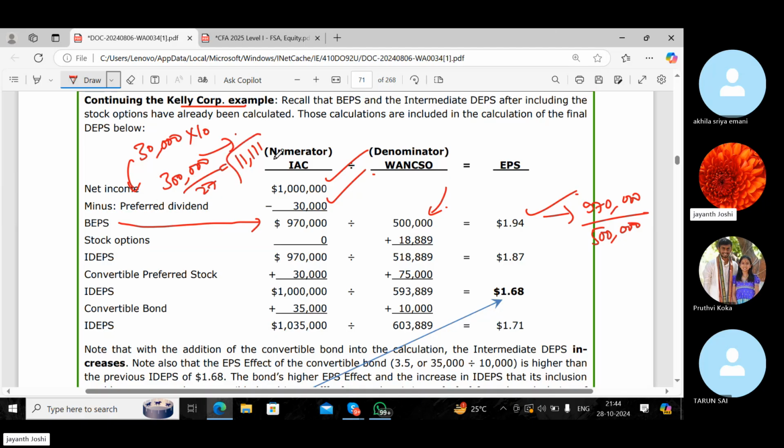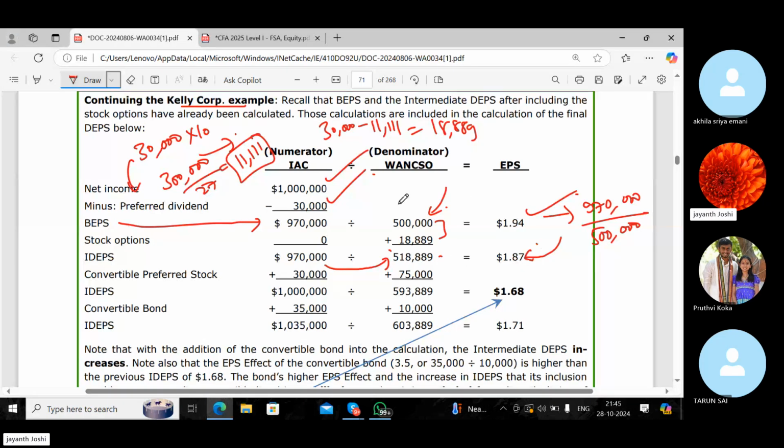Yes, and now out of 30,000 shares, if I remove 11,111 shares, 18,889 is still outstanding. So I added this outstanding, and then I got 5,18,889. 9,70,000 divided by 5,18,889. My EPS got diluted, of course, understood.